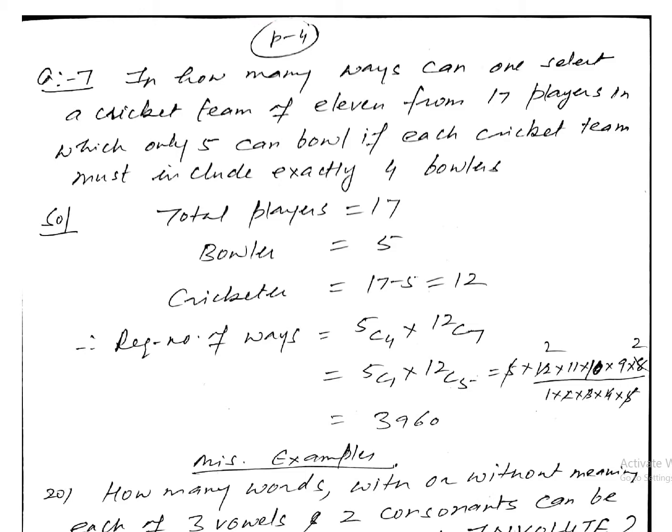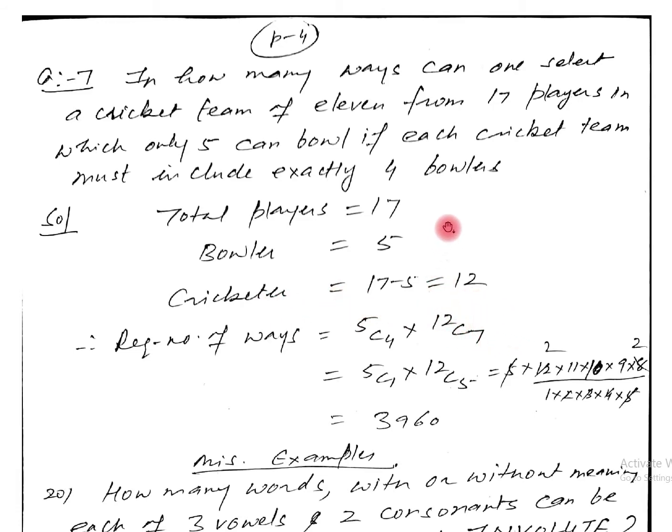Now the question is here, in how many ways can one select a cricket team of 11 from 17 players in which only 5 can bowl if each cricket team must include exactly 4 bowlers? Now total players are given to be 17. Bowlers are 5. The remaining cricketers are 17 minus 5 equal to 12, or you can say batsmen are 12.